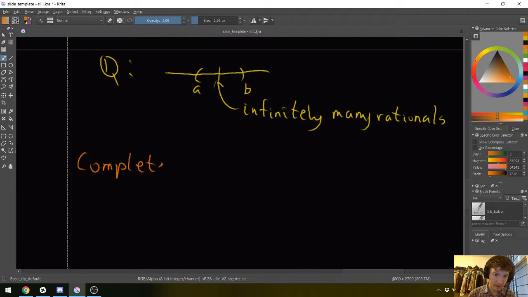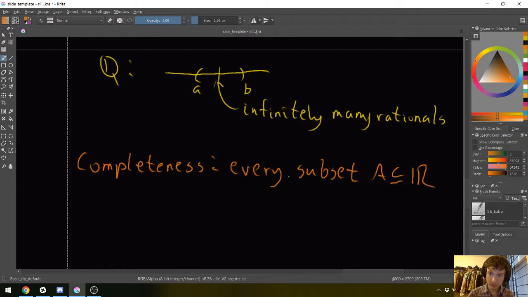Completeness is that every subset A of the real numbers with an upper bound also has a least upper bound, or a supremum.